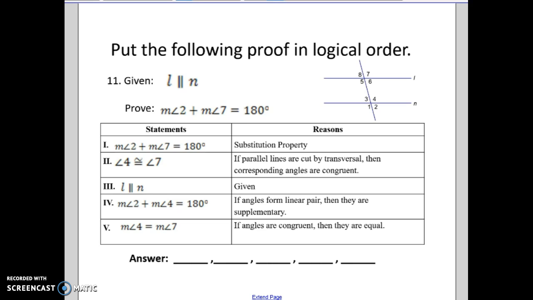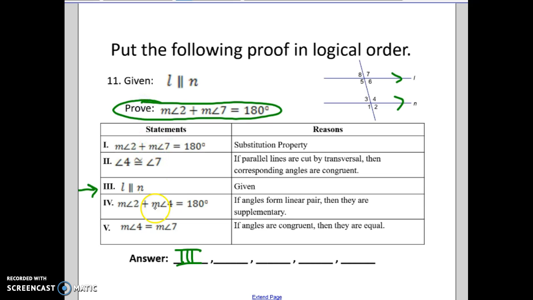All right, so let's do this again. We're putting it in logical order, but before we start anything, we have to mark our picture. We know that L is parallel to N. So that's my given. So whenever I look for my given, I know that has to be my first step. So right here is my given, so step 3 is my first step. And again, my prove is always my last step.